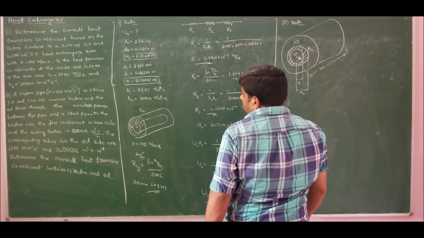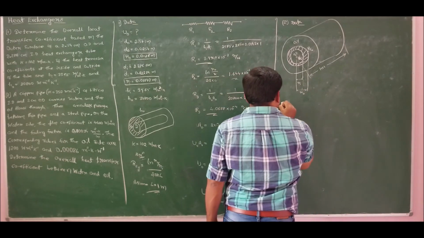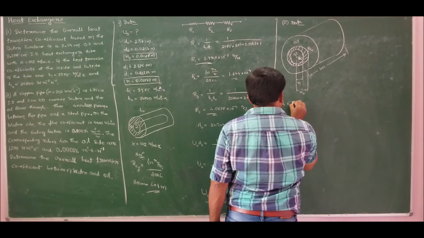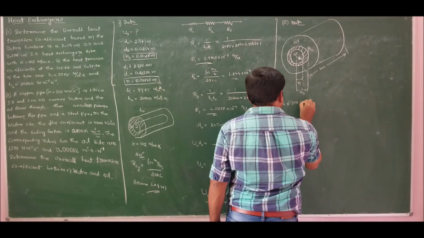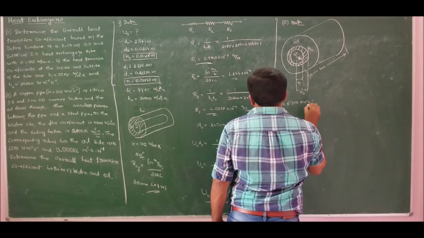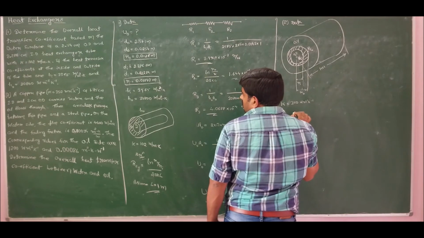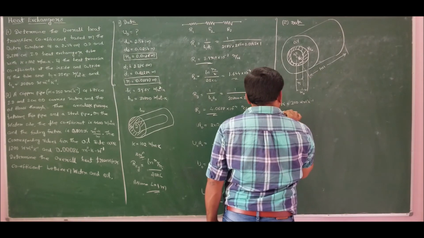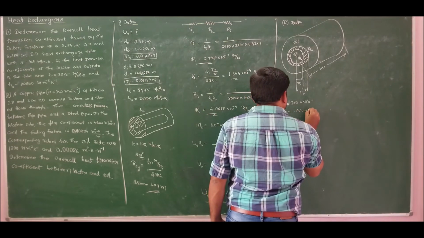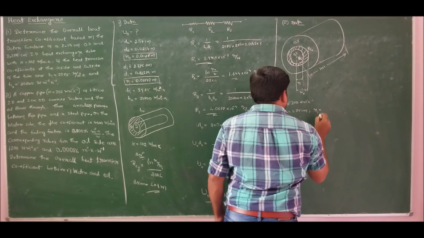Now if I list out the data given, he has given the value of thermal conductivity K, which is 350 watt per meter per Kelvin. Inner diameter is 1.75, therefore di is 1.75 centimeter. Hence I can calculate the radius.